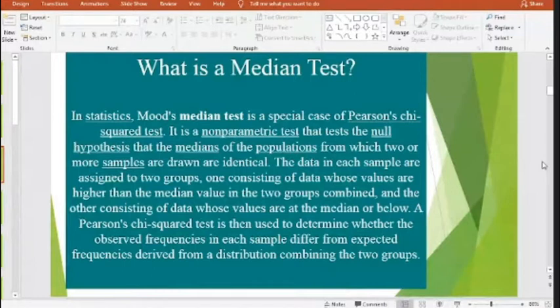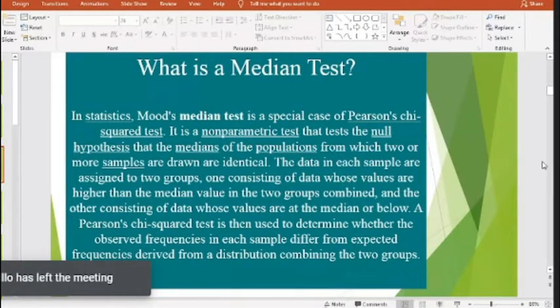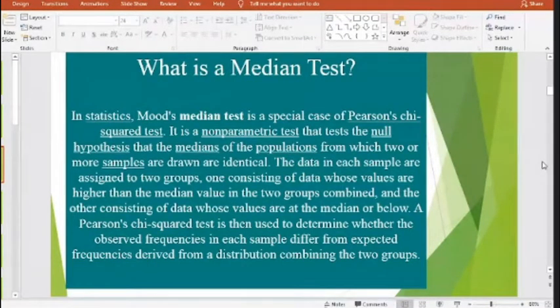The data in each sample are assigned to two groups, one consisting of data whose values are higher than the median value in the two groups combined, and the other consisting of data whose values are at the median or below. A Pearson's chi-squared test is then used to determine whether the observed frequencies in each sample differ from expected frequencies derived from a distribution combining the two groups.